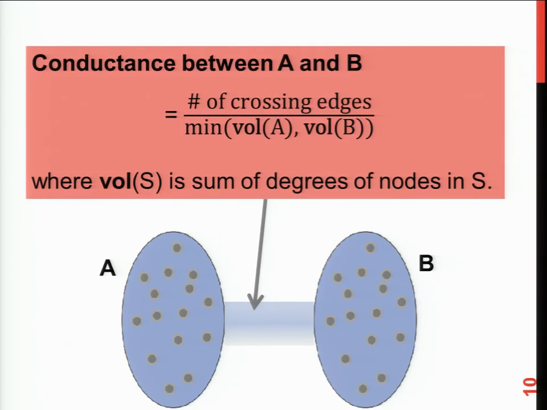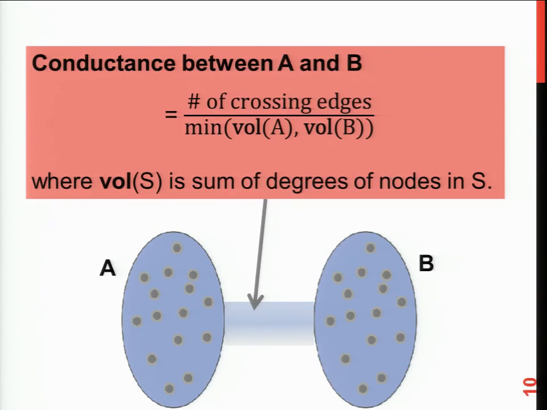So if A is smaller, then this is just the number of crossing edges divided by D times the size of A. The reason I am taking this minimum is that I don't want one side of the cut to be very small. If one side of the cut is very small, because I am dividing by it, the conductance will become very large.